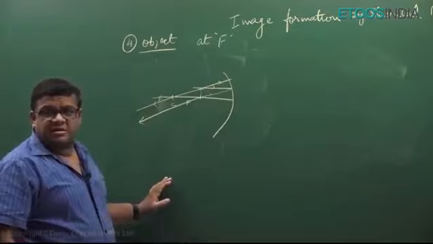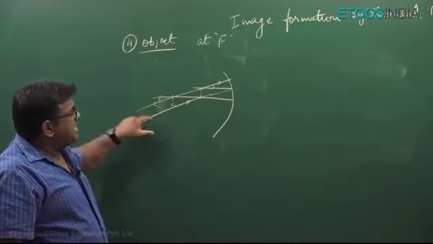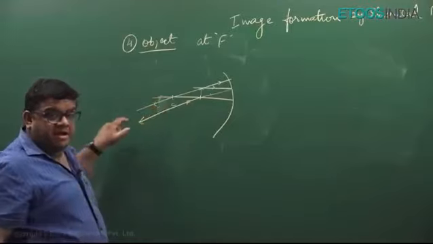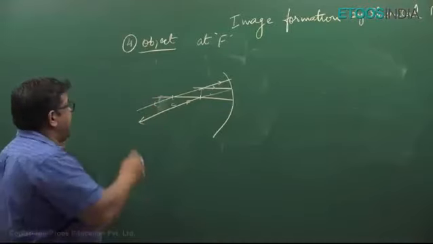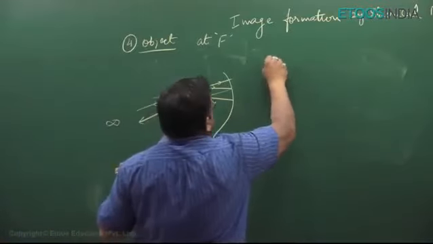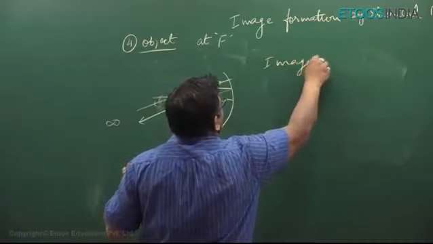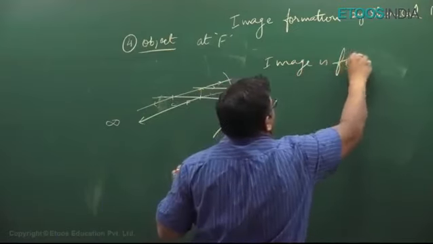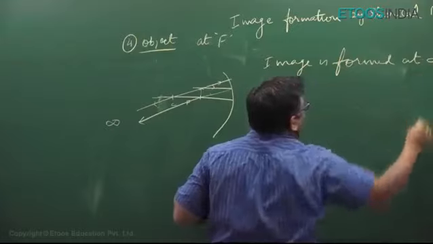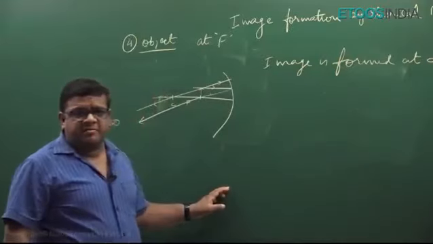Is it clear? Now, we see that these rays will never ever meet. And if they meet, that point is known as infinity. So, I can say that the image is formed at infinity. Clear?